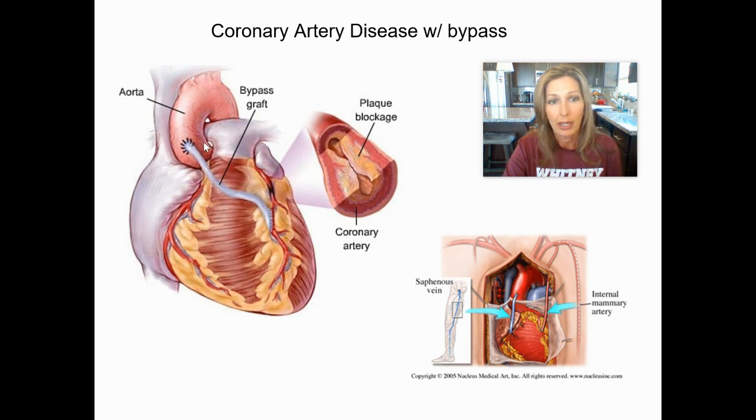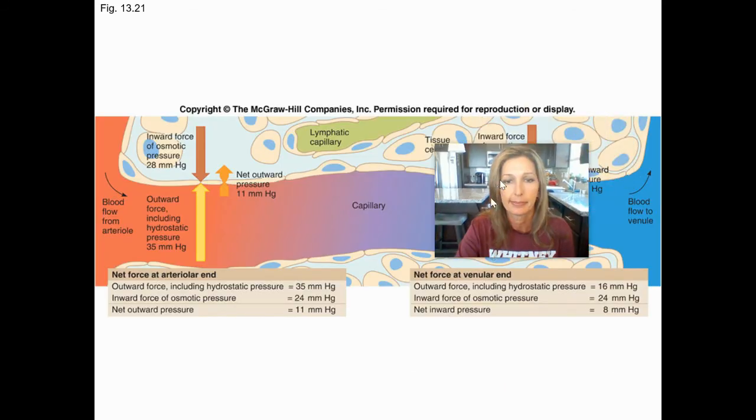So here's my aorta. And instead of using the normal route through the coronary artery, they create a new route that feeds that coronary artery but bypasses this blockage. So we can now get normal blood supply and oxygen supply to that cardiac muscle.